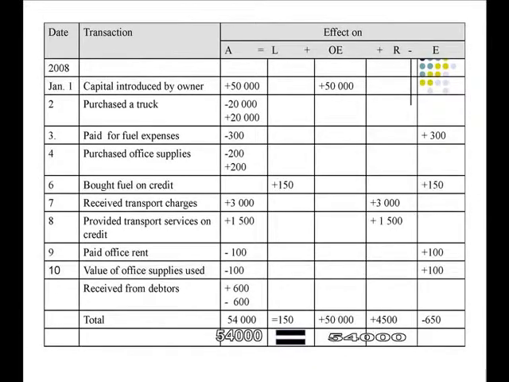Now if you add this column, you end up with 54,000. Liability column, 150. Owner's equity column, 50,000. Revenue column, 4,500 kina. And expenses, 650.